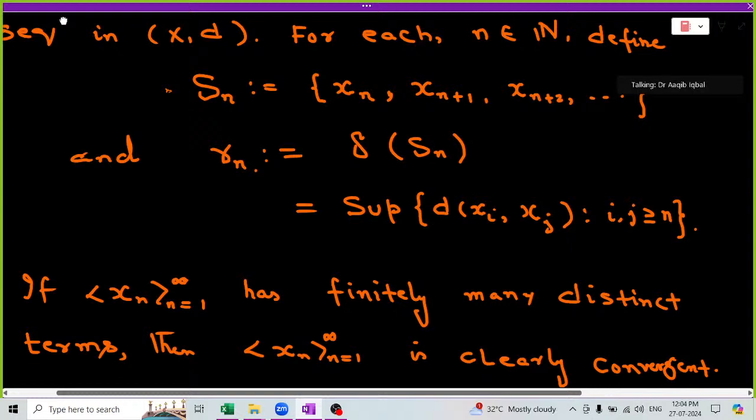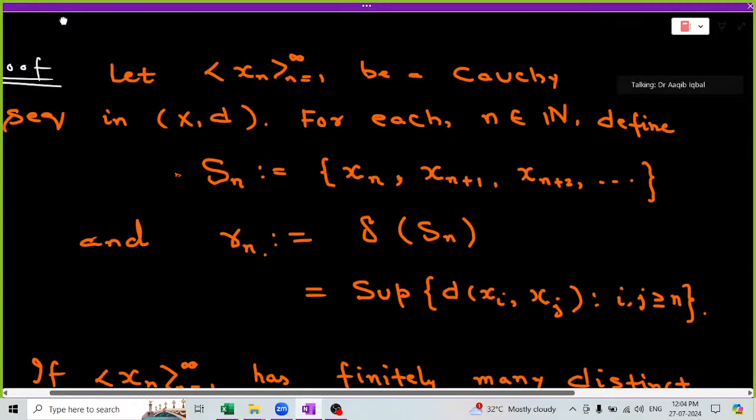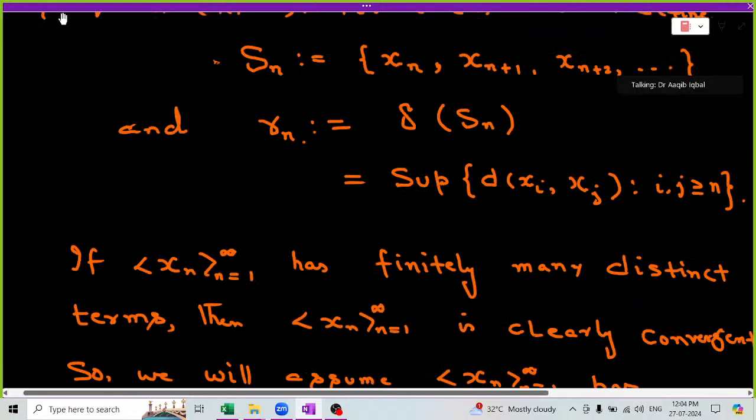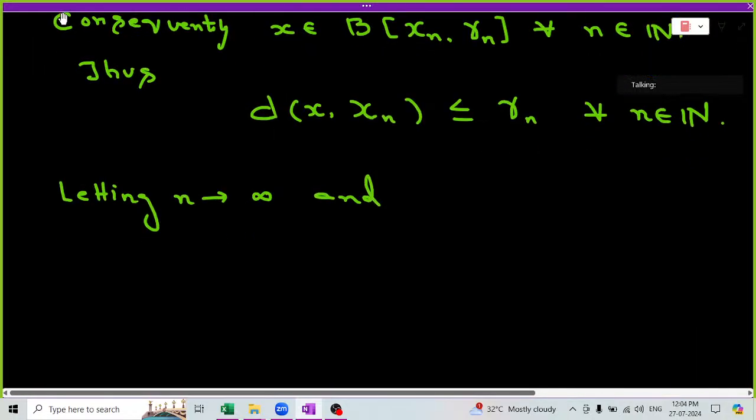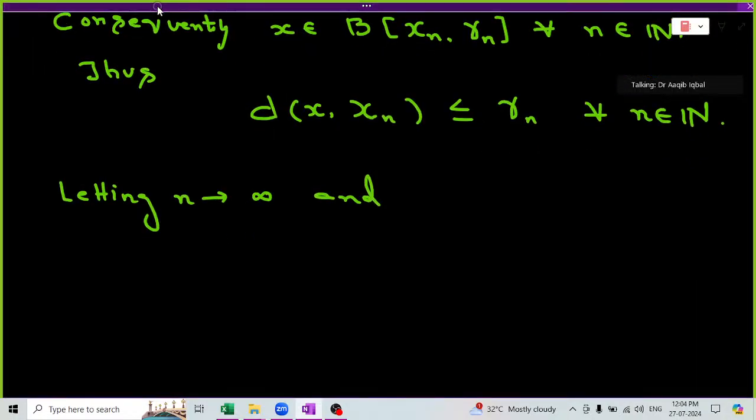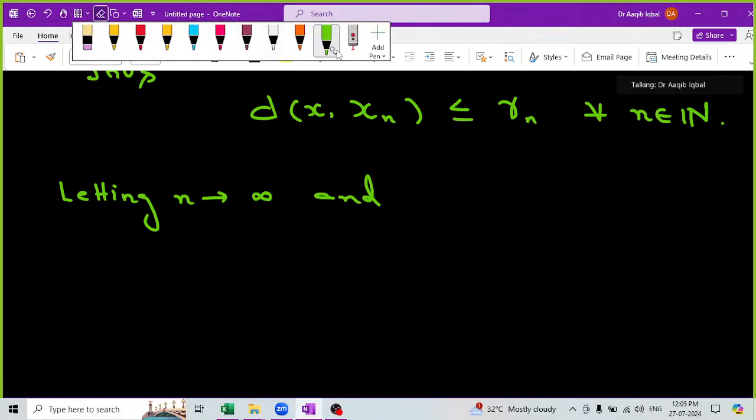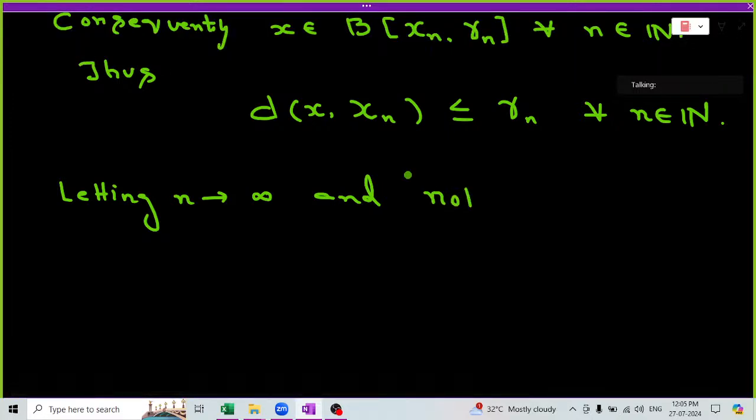जीरो को जोड़ो. वो जीरो क्यों जाएंगे जीरो को? It's a Cauchy sequence. मैं यही लिख रहा हूँ, letting n go to infinity and noting that Rn's go to 0 as n goes to infinity.